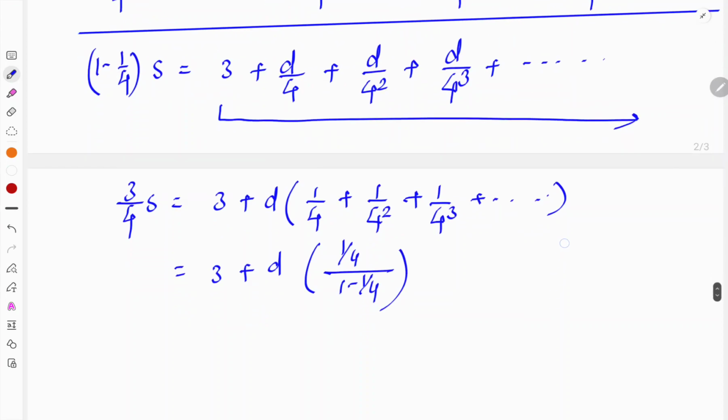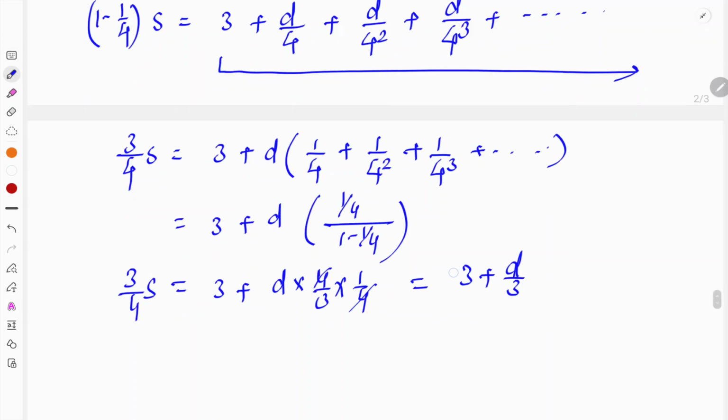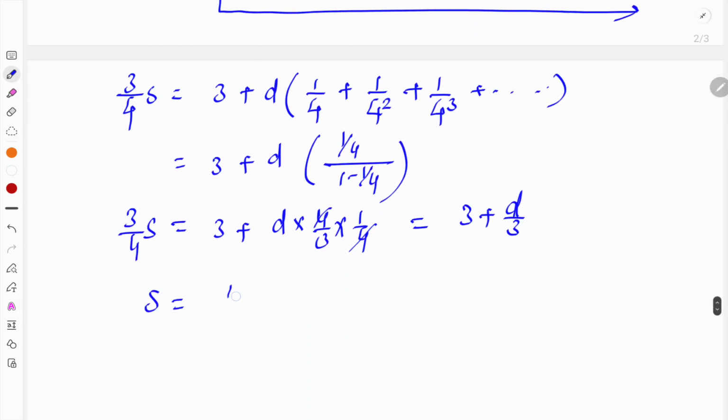Sum of infinite GP, so 3 plus d into this, 3 by 4 means 4 by 3 into 1 by 4, the 4s cancel, so 3 plus d by 3. Okay, 3 plus d by 3 is 3 by 4 S. So S is 4 by 3 into 3 plus d by 3.